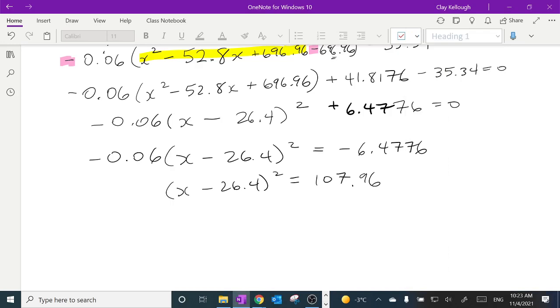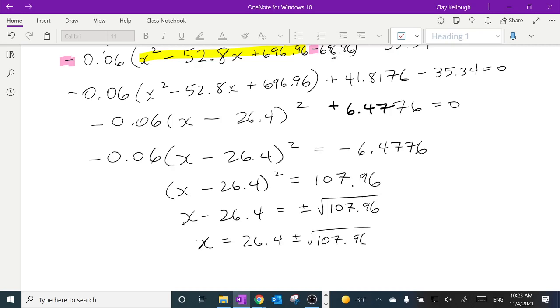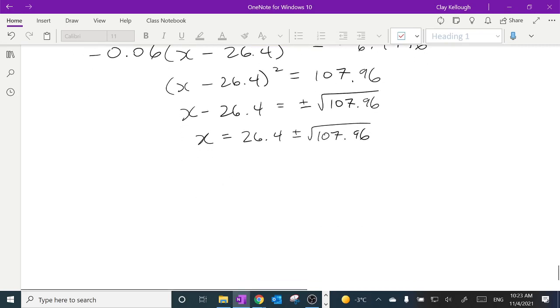Now it's the square root step. And x equals 26.4 plus or minus the square root of 107.96. So now I have to figure out those two numbers.